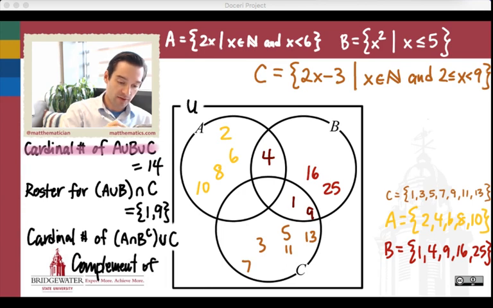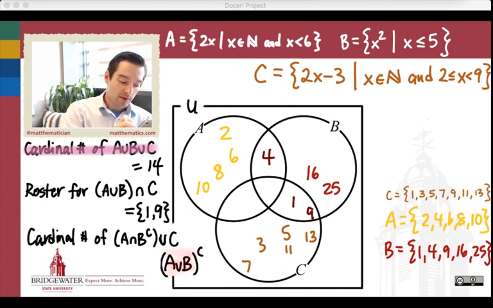The complement of A union B. In other words, (A union B) complement, like this. So if I want to shade that set, well, first of all, A union B is everything inside of these two circles up here at the top.